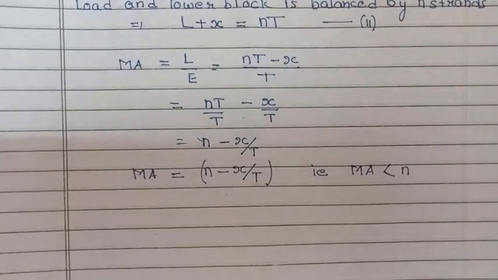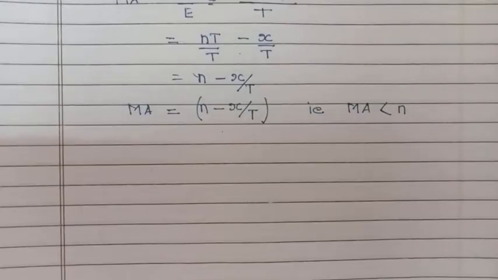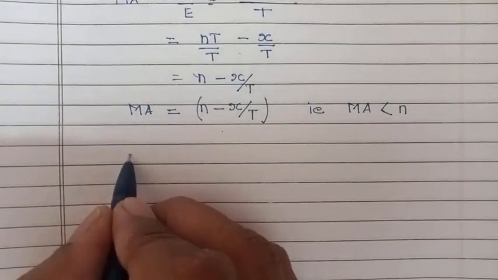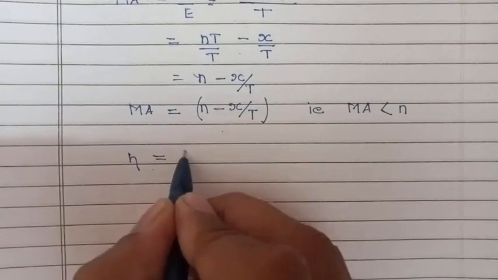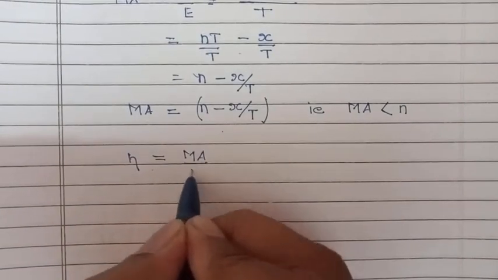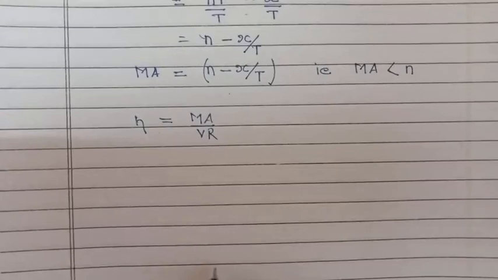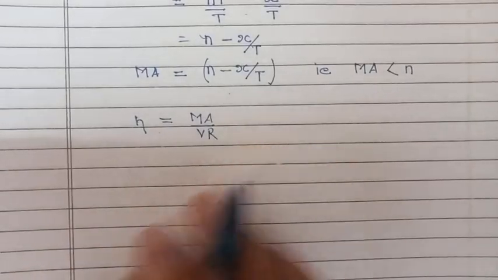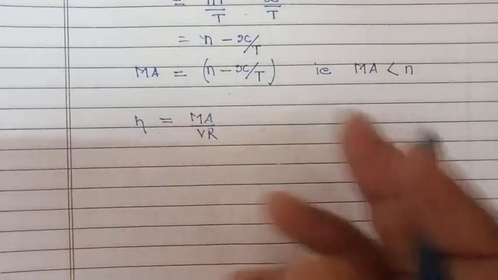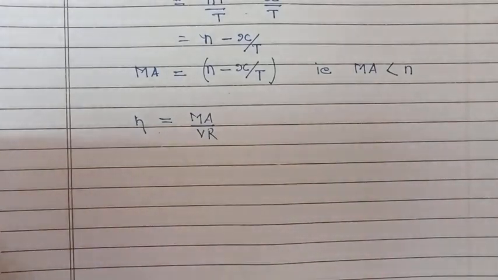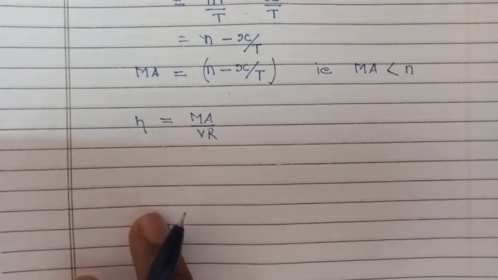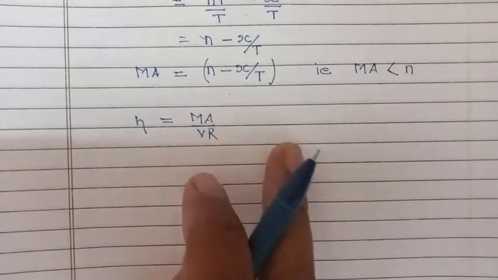Let's see how we will calculate the efficiency. We know the efficiency formula is MA upon VR. We multiply by 100 only if we have to get efficiency in percentage. Here the question says you have to show it less than 1, so don't multiply by 100.